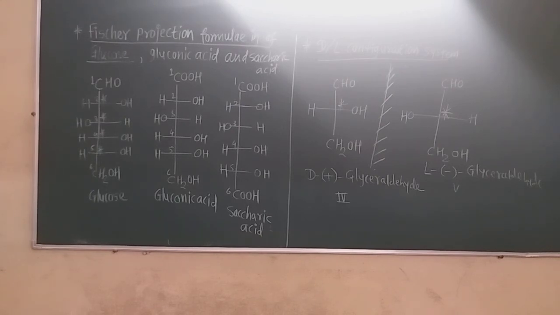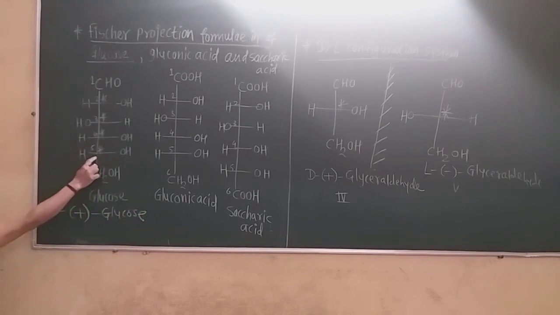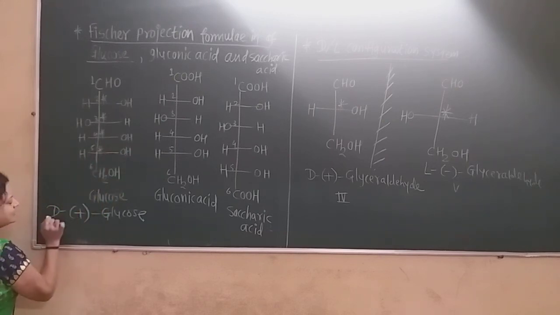I have shown here in this figure the D or plus glucose, because the lowest chiral carbon contains the OH group on the right hand side, so it is D-glucose. Remember that. And again, glyceraldehyde is D-glyceraldehyde if the OH group is on the right hand side, and if the OH group is on the left hand side, it is called L-glyceraldehyde. Remember students, this is very important.